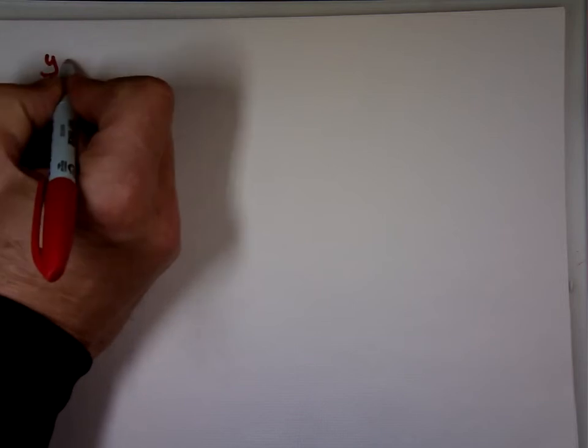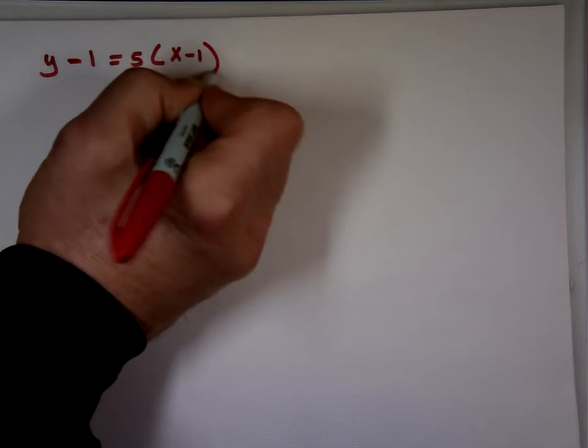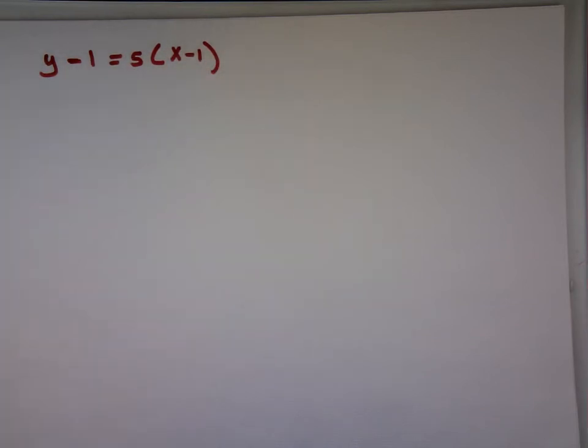Let me take one more example on that. y minus 1 equals 5 times x minus 1. We have that equation. Doesn't look like anything we covered yet. The form itself, I mean. This actually has a name. I know what that form is. I'll mention it in a few minutes.